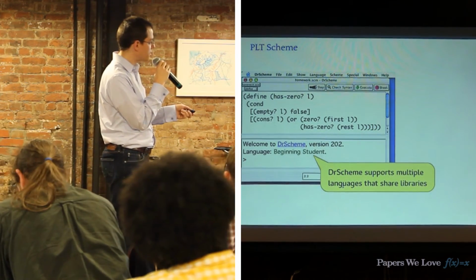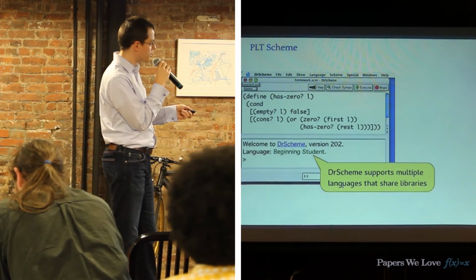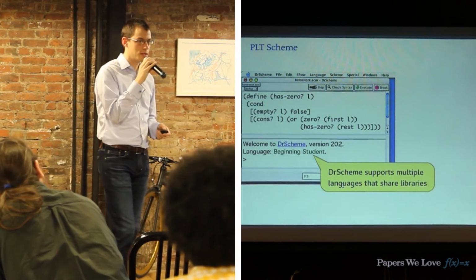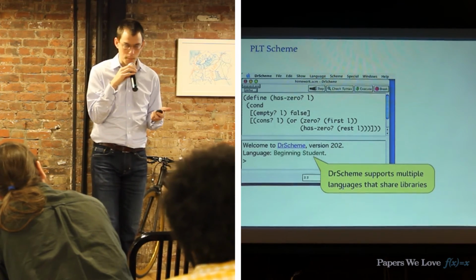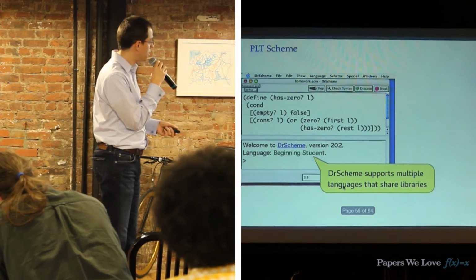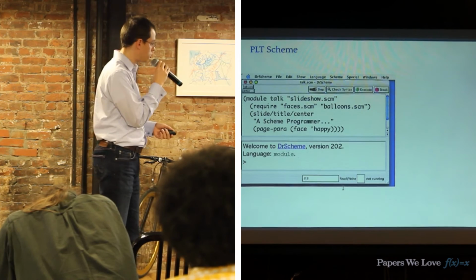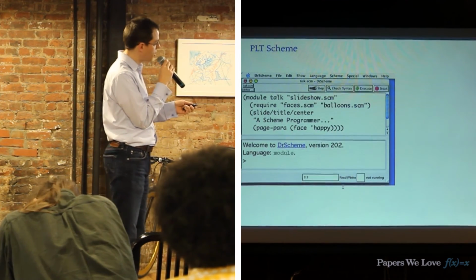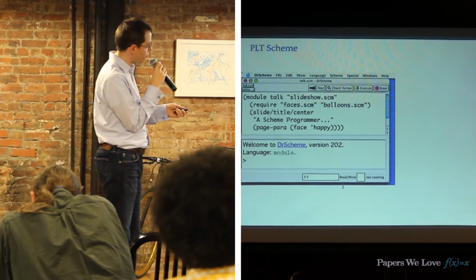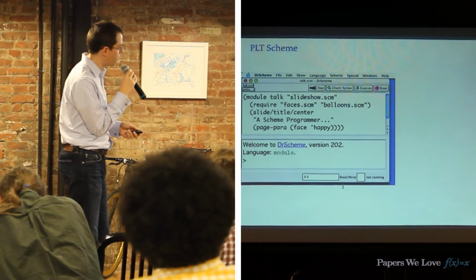We've got a bunch of different languages, like here it says language: Beginning Student, which was the language that Racket was started to be able to develop. And then we can also switch to a language in which we write slides, with module, and we're referencing slideshow.